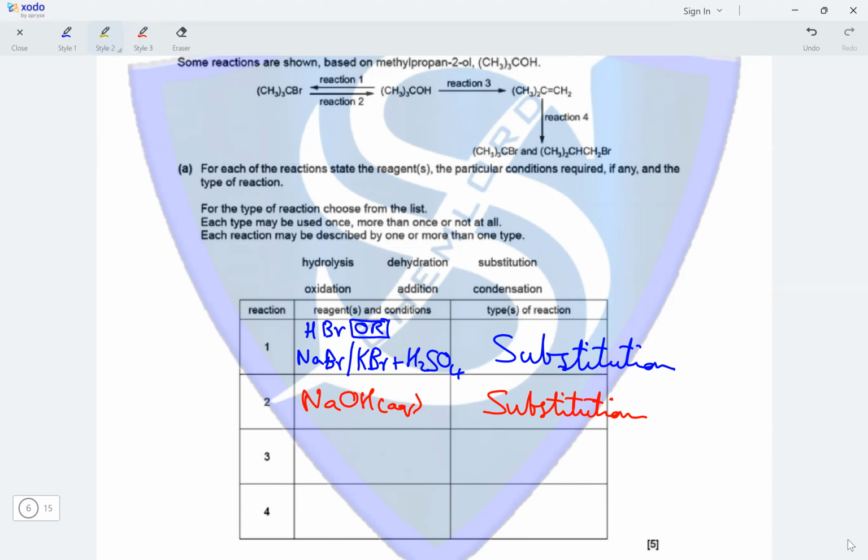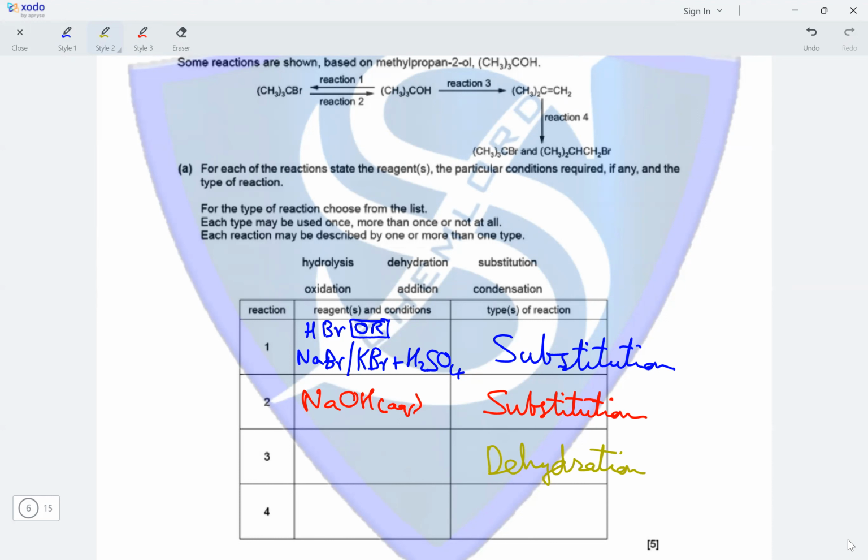For reaction 3, it is the removal of a water molecule. So the reaction will be called dehydration, and the product formed is an alkene, which was mistakenly called a ketone earlier.